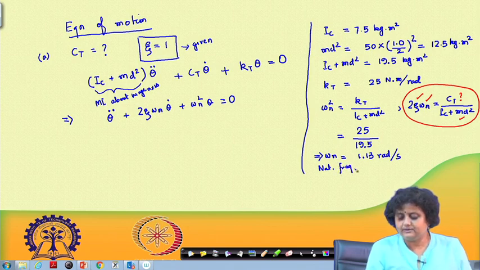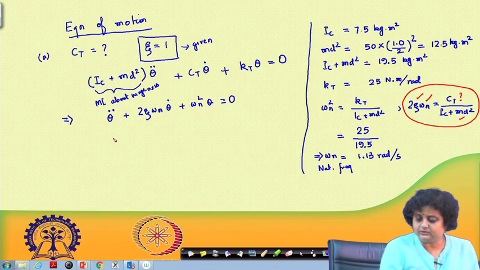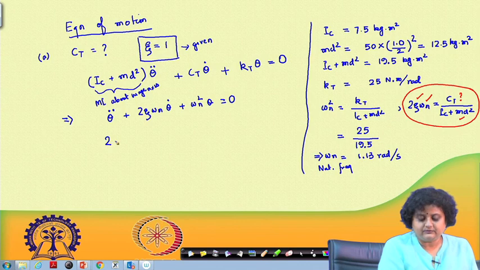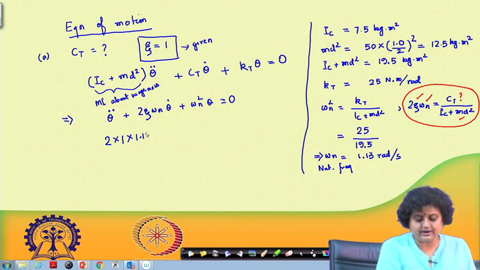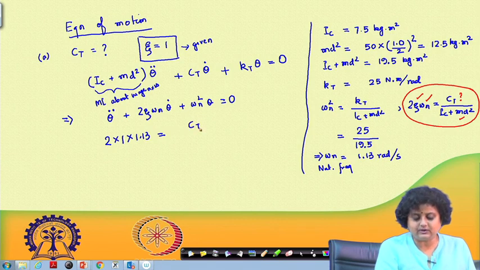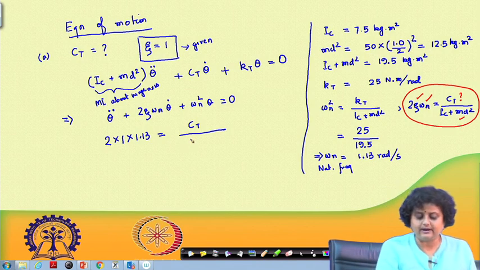Once I have the natural frequency, I will use this equation. I have 2 zeta equal to 2, since zeta is 1 because this is a critically damped system, times omega n, which is 1.13, equal to Ct, which is unknown and I need to evaluate, divided by IC plus MD square, which is 19.5.